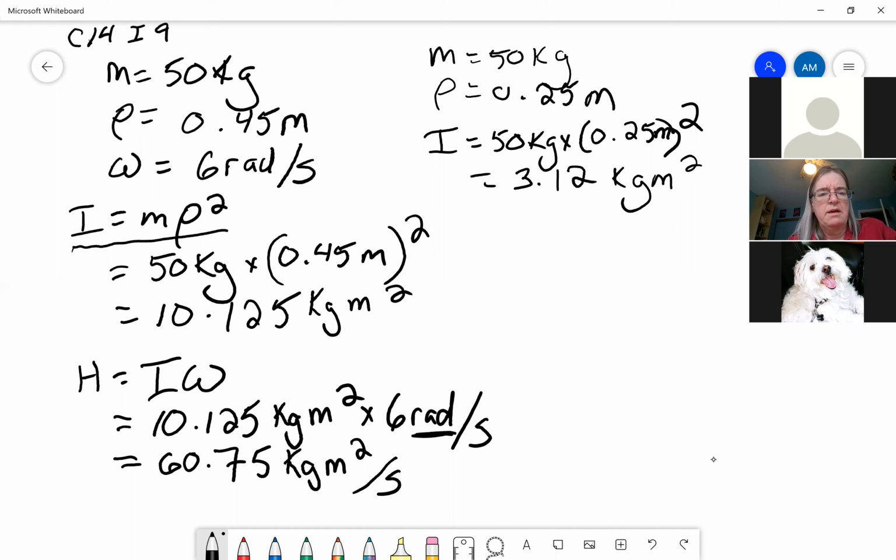And the other thing we have to remember is that radius of gyration has the larger effect in that equation because it is squared.